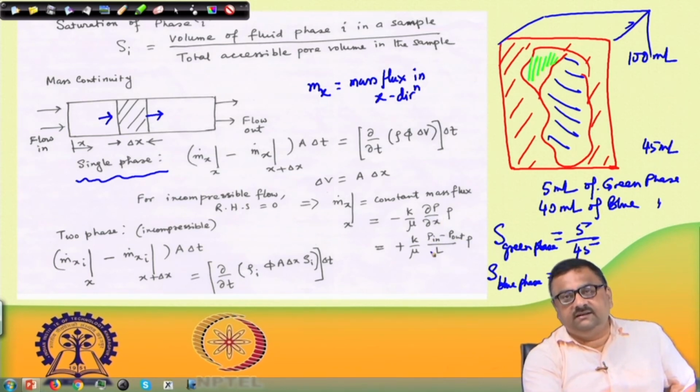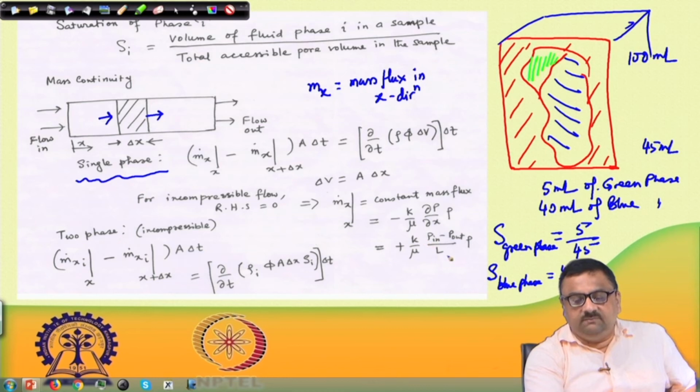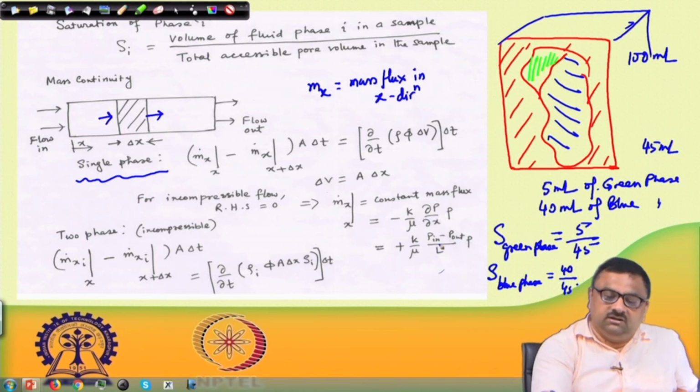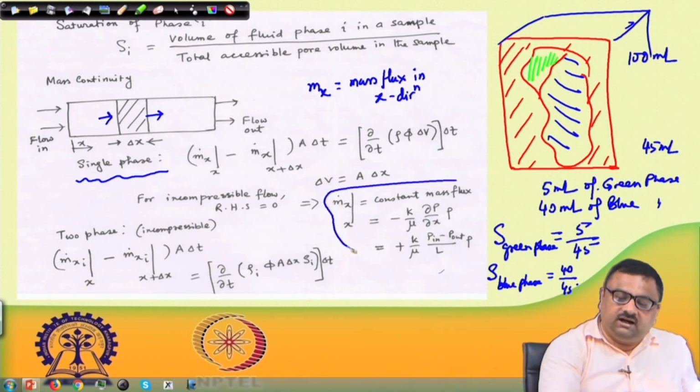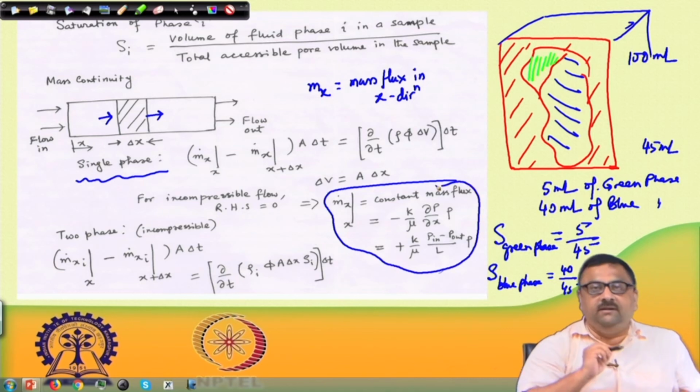So, minus of del p del x is replaced by p in minus p out divided by L. That is why there is a plus sign. This is something we had done earlier, and we are already familiar with it.